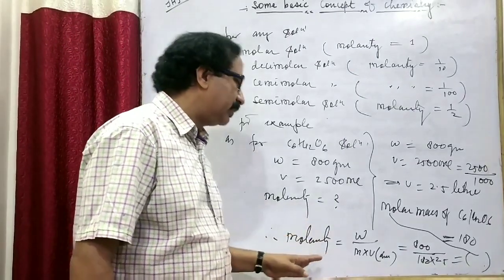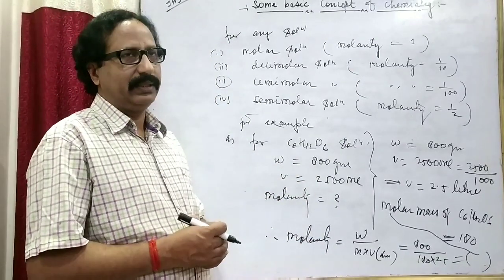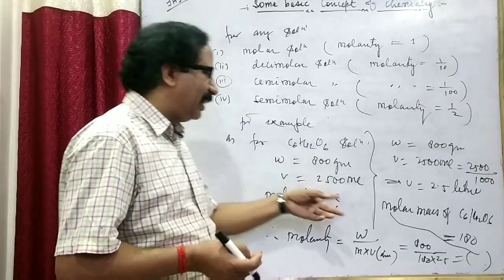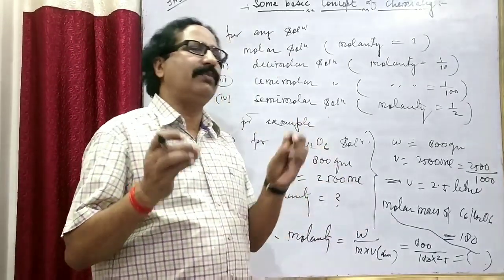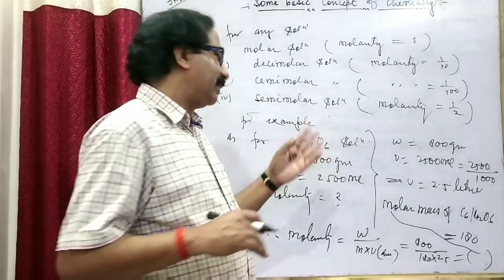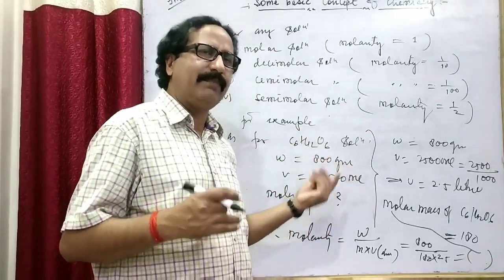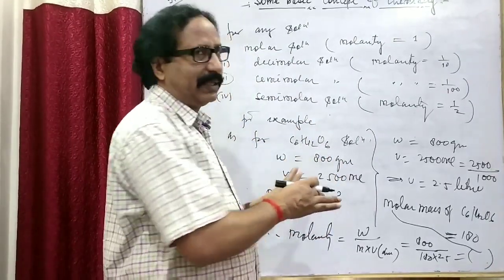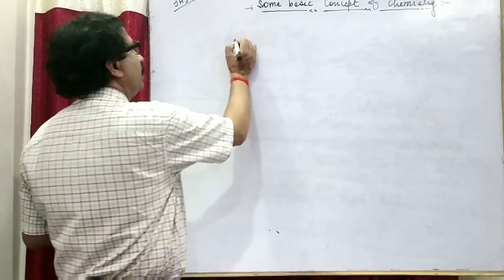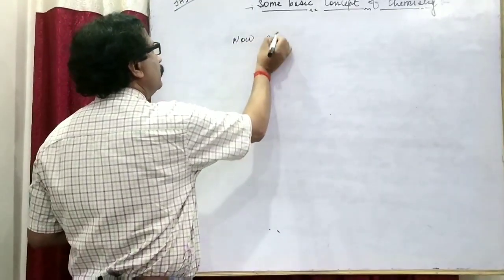Hence you can find out the molarity of this solution. Ultimately, with the help of this formula, you can find out the molarity of any solution, either volatile or non-volatile compound, or any covalent compound, right? Okay.